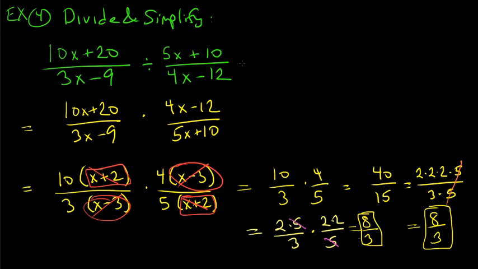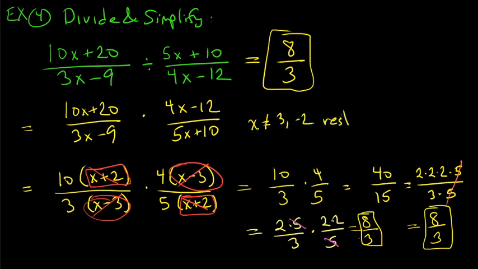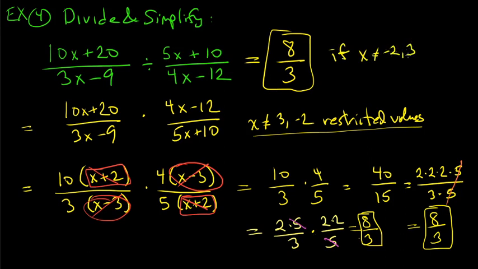Okay, so all of this mess here is really just equal to 8 over 3, provided that x is not 3 or negative 2. Those are the restricted values. We talked about those in the previous video. And I'm generally not going to ask you these in these problems here, but you should recognize that this is true if x is not equal to negative 2 and 3.